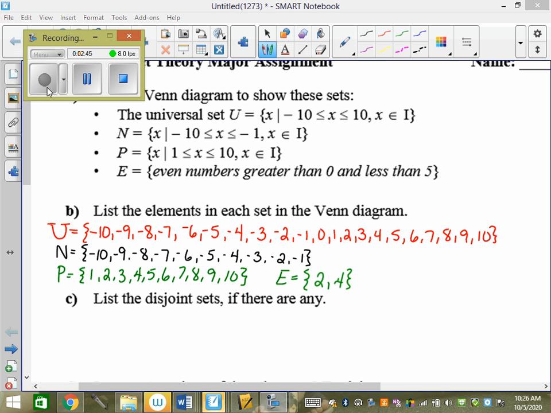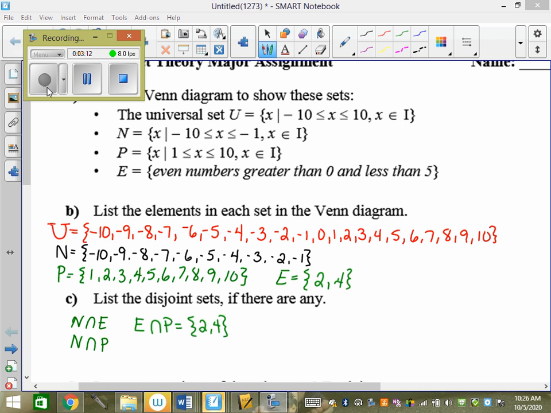N and P, and N and E. So, are there any that actually, when we put them together, give us something? E and P equal 2, 4, correct? So when we go to draw our circles, we can figure this out.